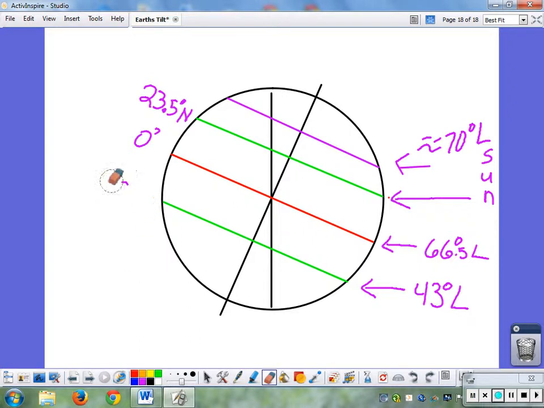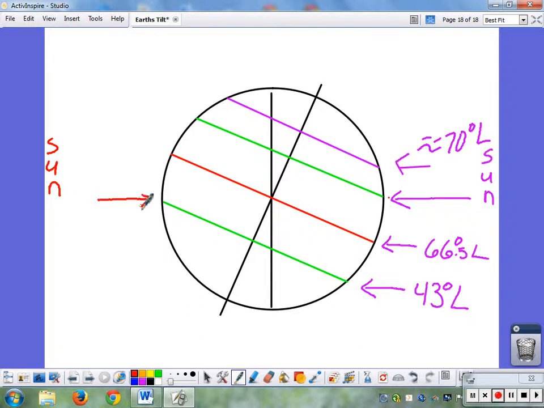If we jump to the other side, let me get rid of these numbers please. When the sun appears to be on this side of Earth, now the northern hemisphere is pointed away, so you can see that the northern hemisphere is in winter. We just change a couple things.